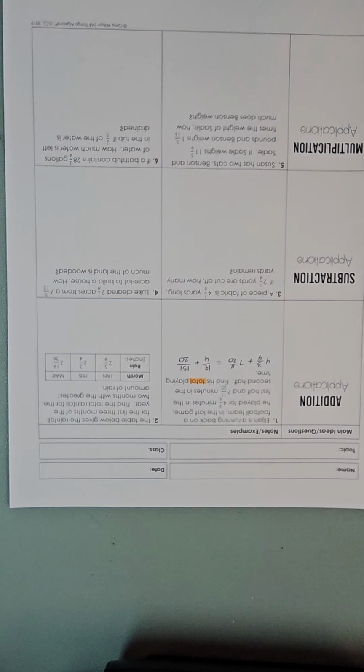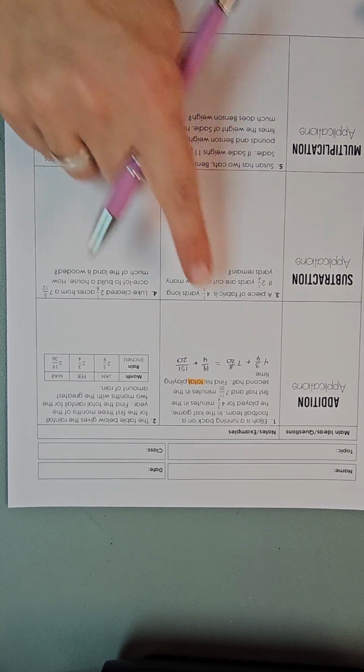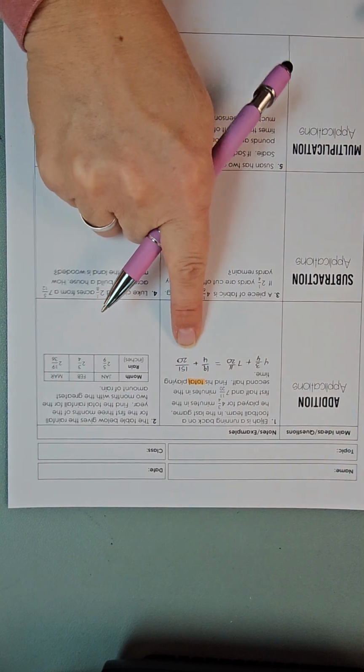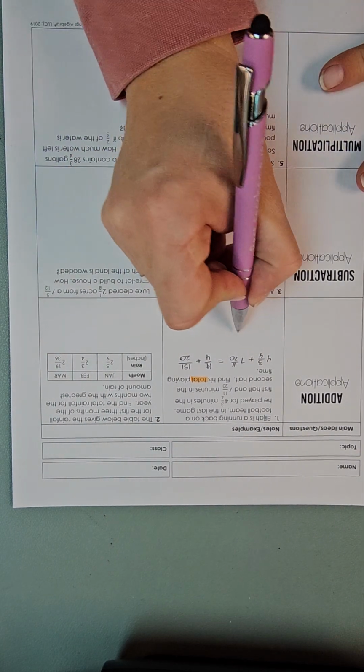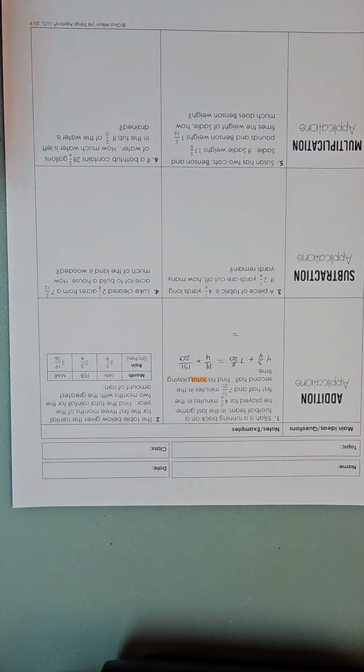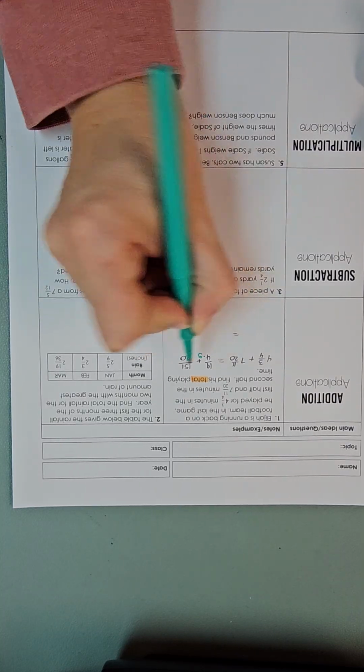So when I add fractions, very important, you have to have a common denominator. My common denominator of 4 and 20 is 20. That means I have to, on this first fraction, multiply the denominator by 5.